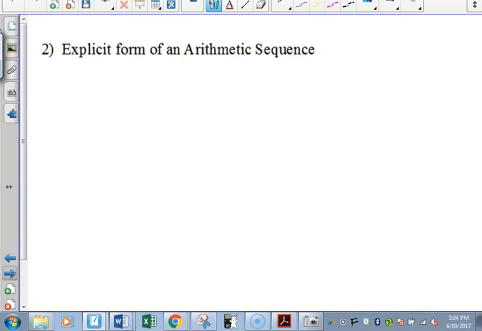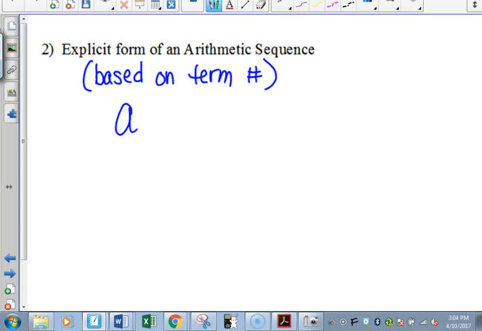All right. So the explicit form of an arithmetic sequence means it's based on the term number n. It's based on the term number. So it's going to have an n in the equation when you're done. This is the general form, okay?